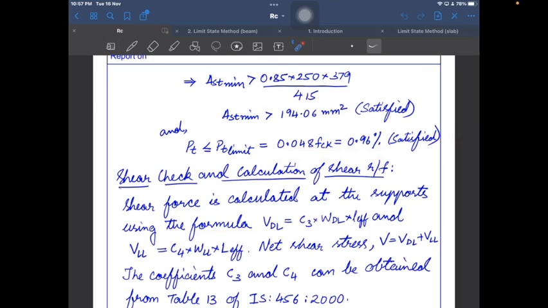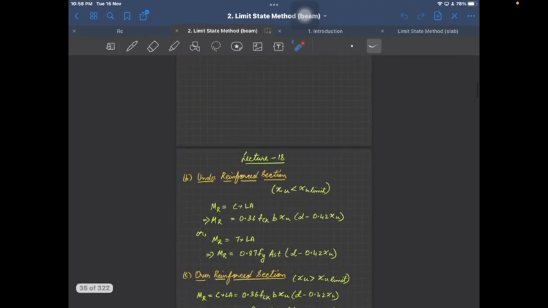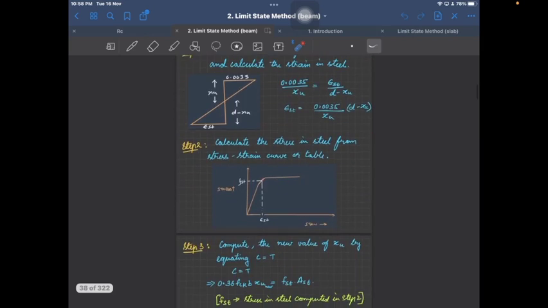Also one more criterion is there, like 0.4 percent of gross area, I don't quite remember.